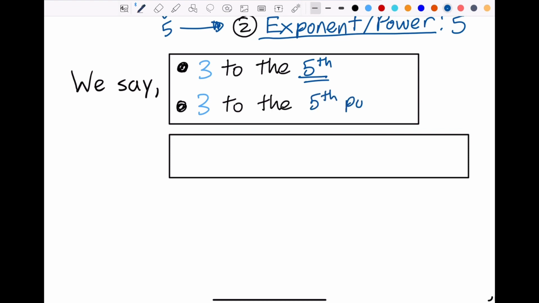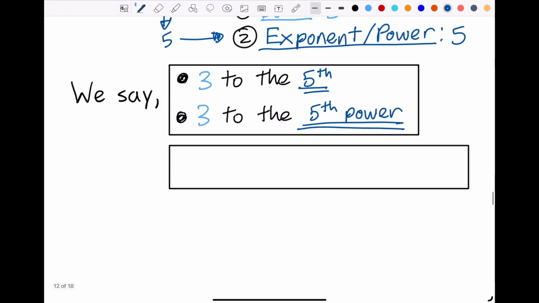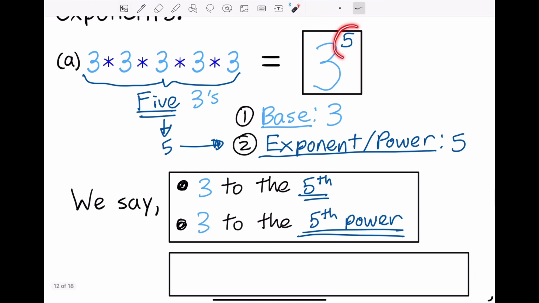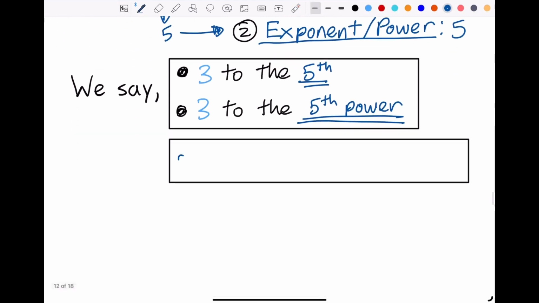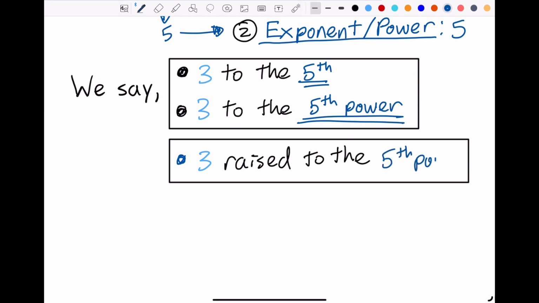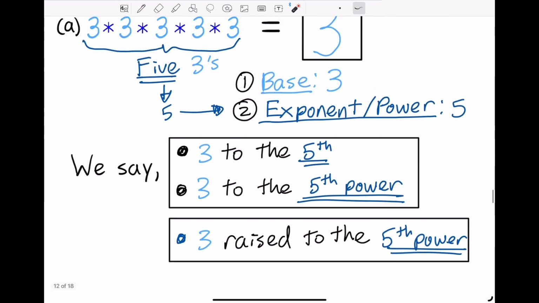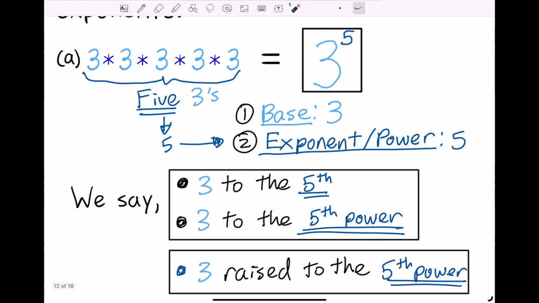The word power is just to emphasize that the 5 is the exponent. And another way people say this is, since the 5 is in the upper right corner of the base, we like to say that 3 is being raised to the 5th power. Either one of these ways is fine, but we're going to use 3 to the 5th more often.